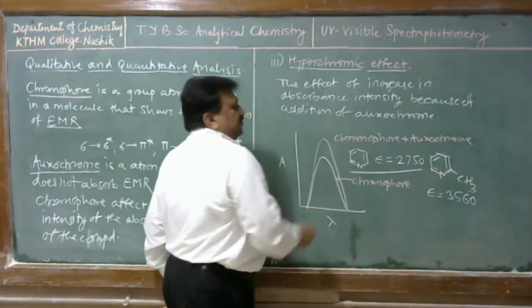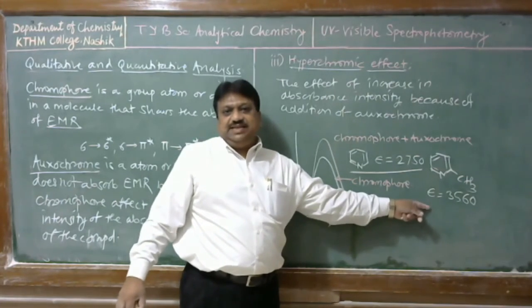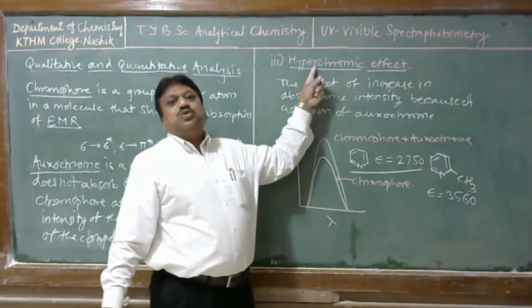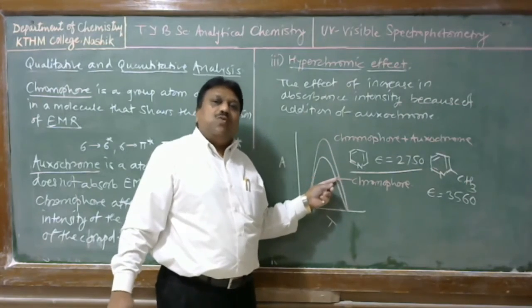Therefore, here absorption maxima is increased. Because absorbance is increased, epsilon value is increased. And therefore, this effect is called hyperchromic effect, that is increasing absorption intensity of the chromophore.